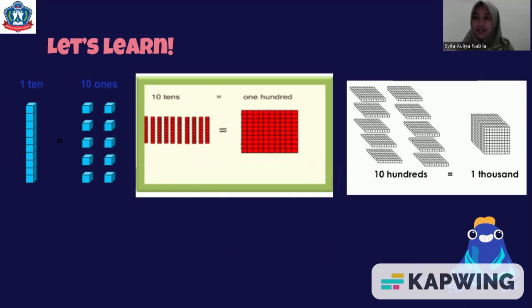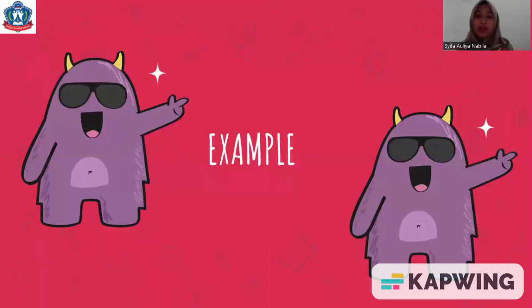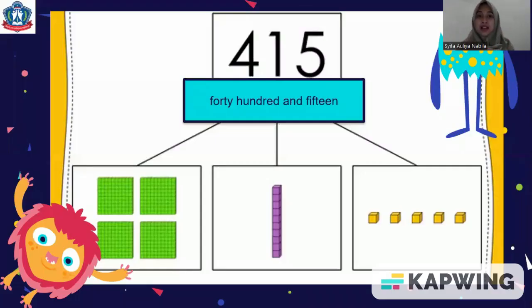Okay, understand? Okay, great. So I give you some examples about the blocks. Let's count together. How many blocks here? The first is 1, 2, 3, and 4. Okay, this one is 400. And then the second is 10 here. 10 include 10, right?